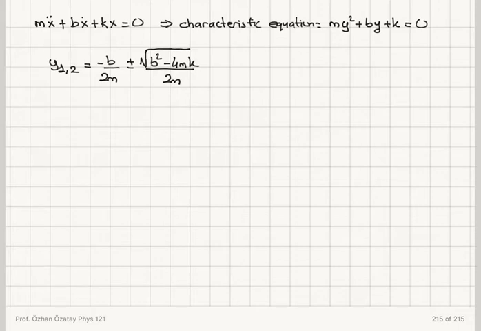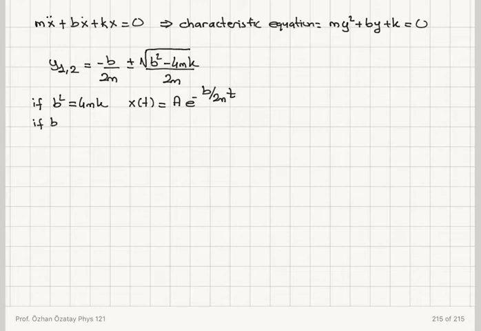And the solutions will be found from the solutions of the characteristic equation. So I will obtain a solution if b squared is equal to 4mk: x of t is equal to A times e to the minus b over 2m t.